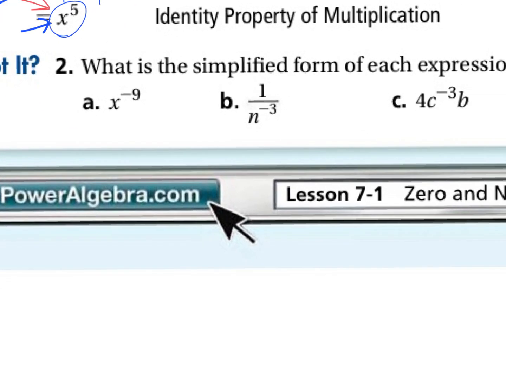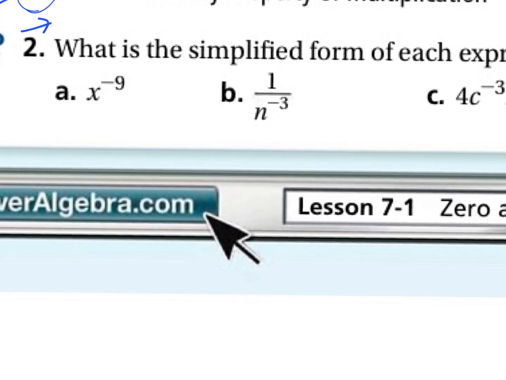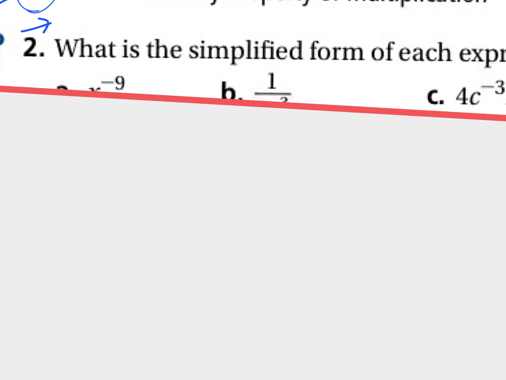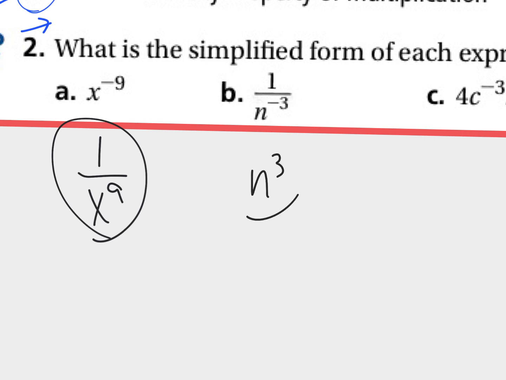So if you look at the Got It 2, they want the simplified form for these. Part A would just be 1 over x to the 9th power. Part B, our negative exponent is in the denominator, so that's going to be the same as n to the 3rd power.